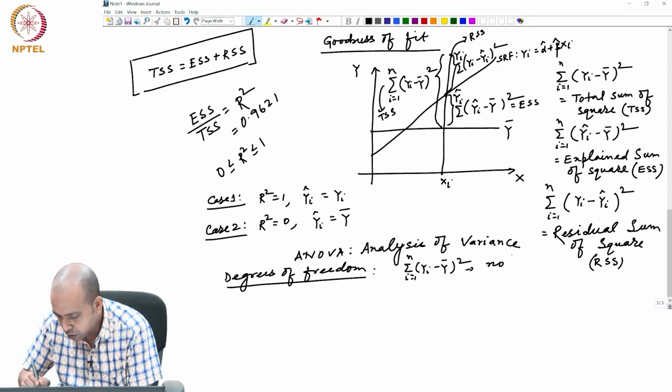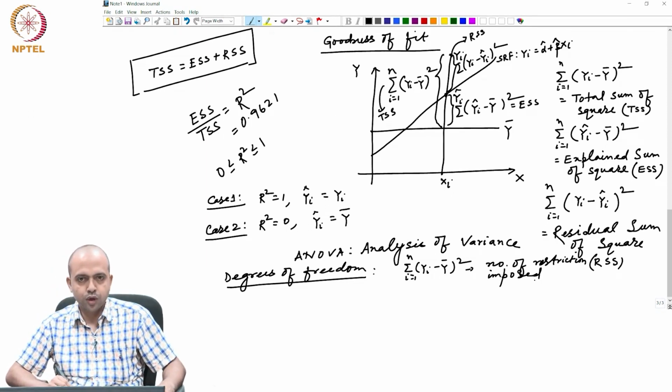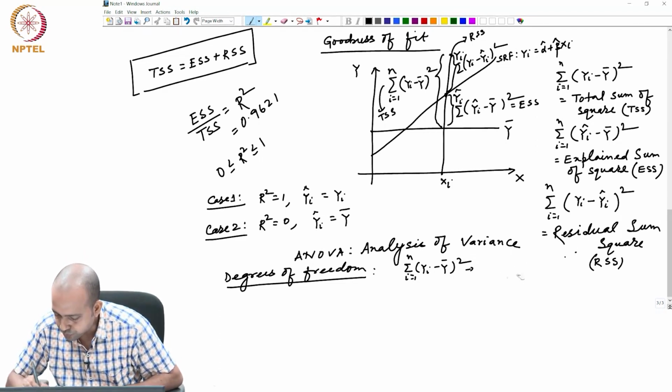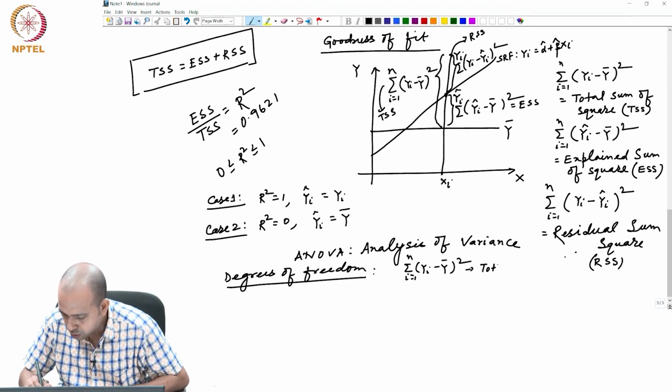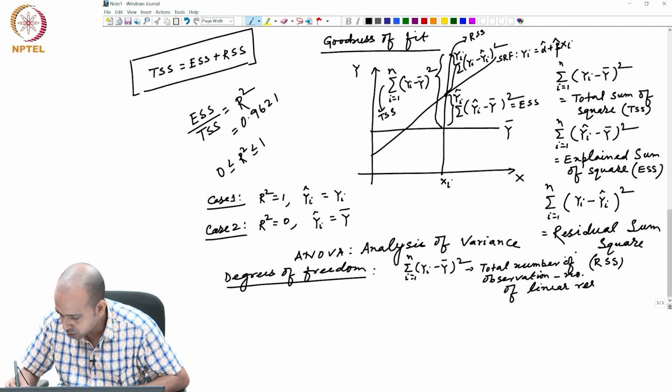It is the total number of observations minus the number of linear restrictions. That is how the degrees of freedom concept is defined.